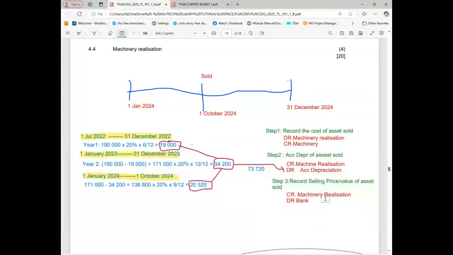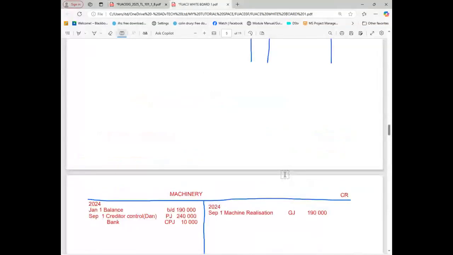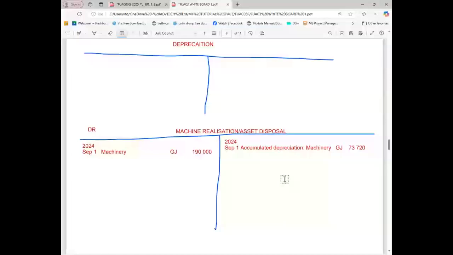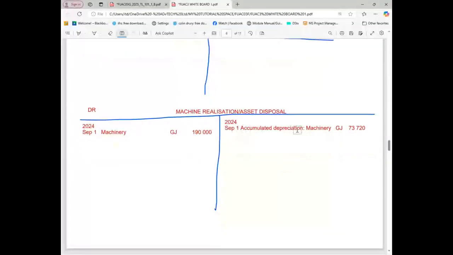Machinery realization under which side? On the credit side. Yes, sir. So we come to the machinery realization on the credit side. We just come here. It's the same date.